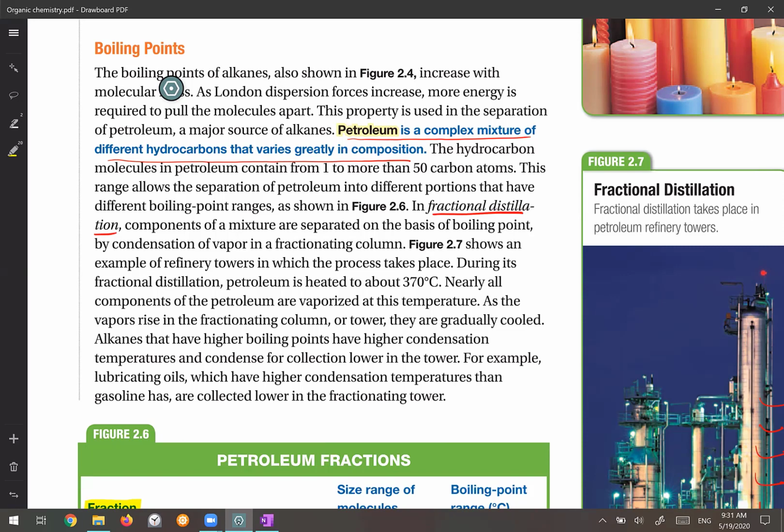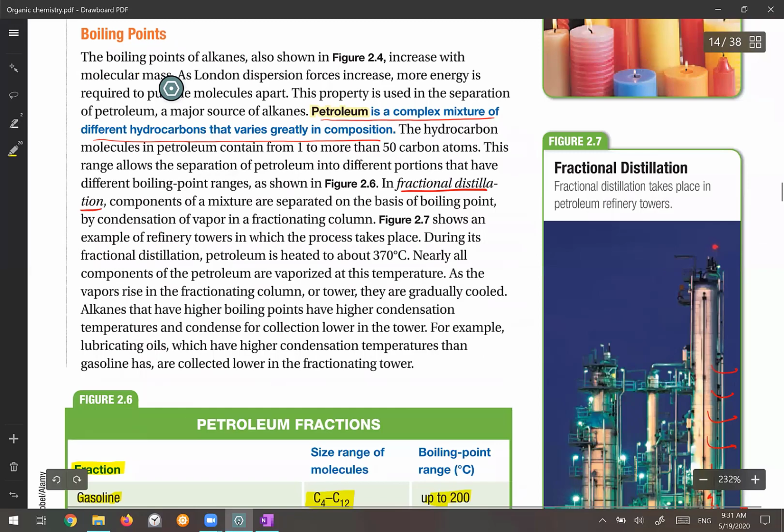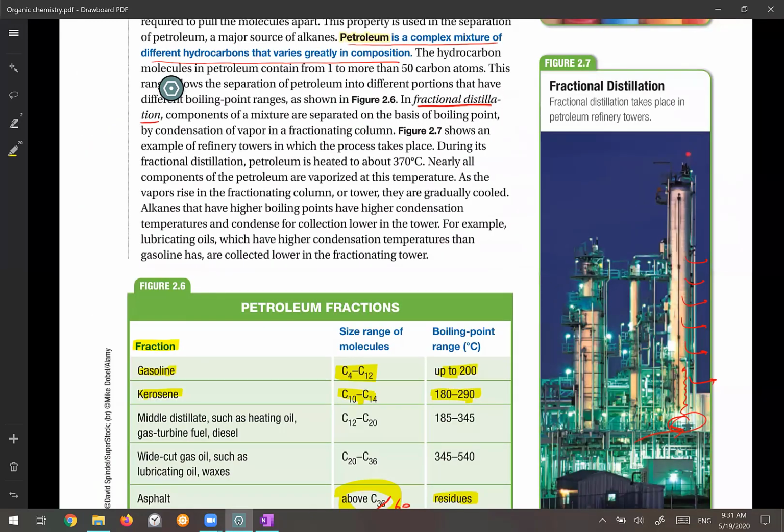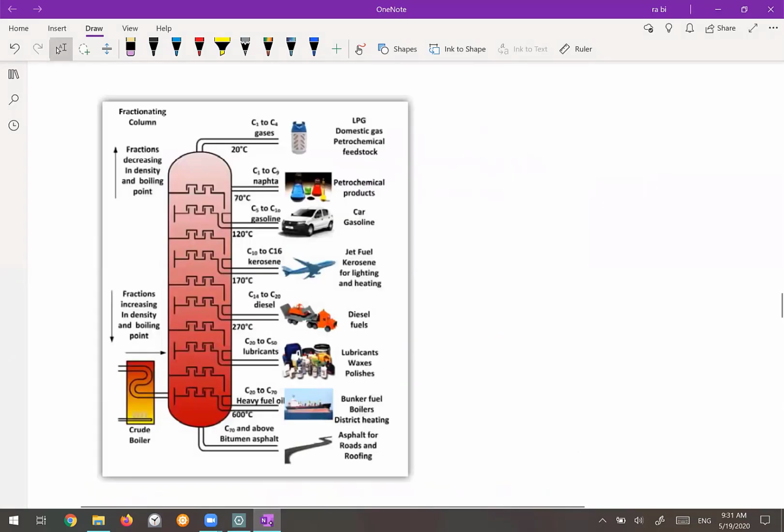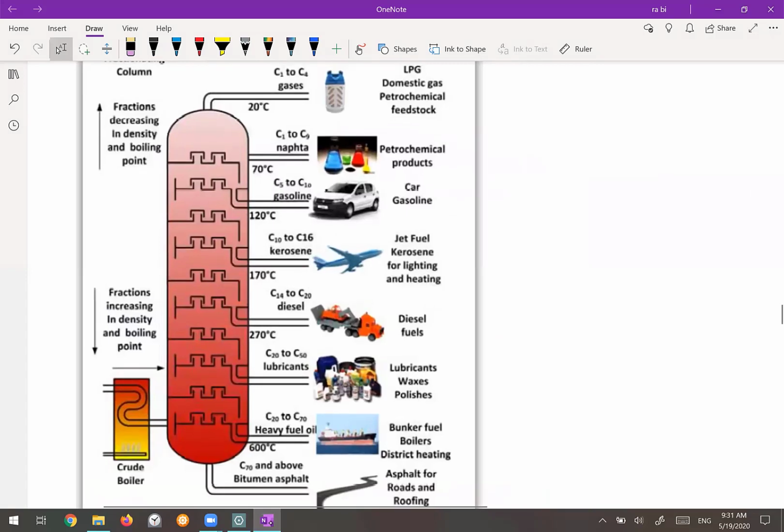Fractional distillation is a technique that uses the difference in the boiling points of the components of the mixture to separate them from each other. They do this in the fractional column that you can see here on the right side of the page. This is the fractional distillation column.